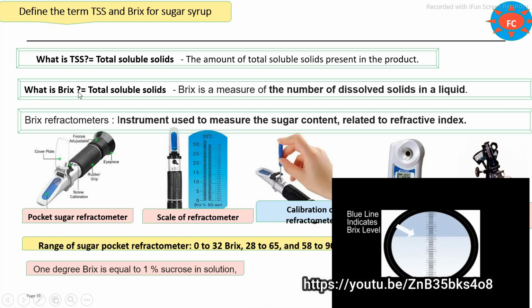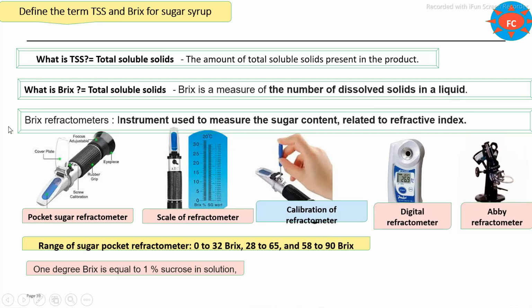Degree Brix means the number of dissolved solids in the liquid or product. A Brix refractometer is compulsory in the fruit and vegetable processing industry to measure the amount of sugar content, related to the refractive index.